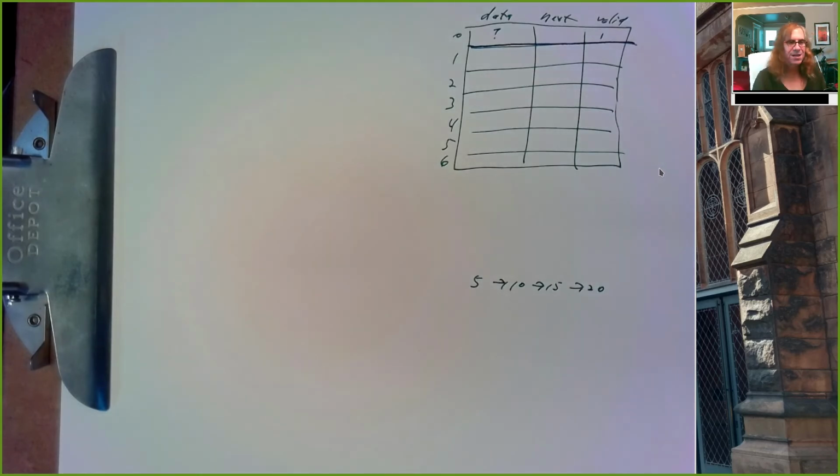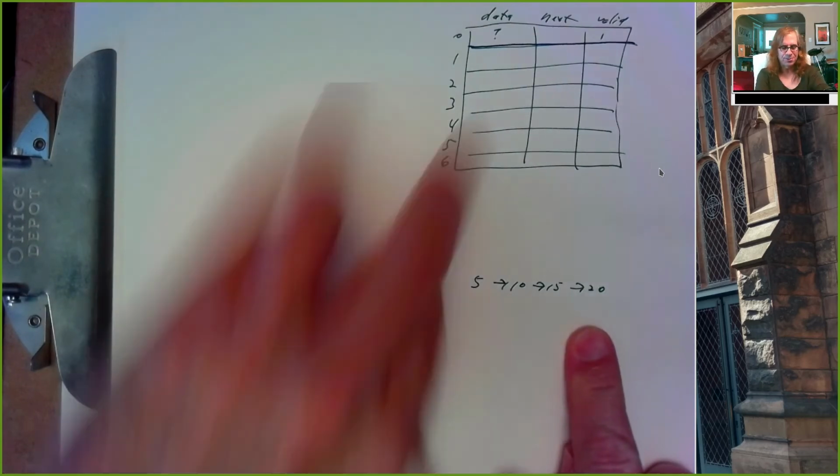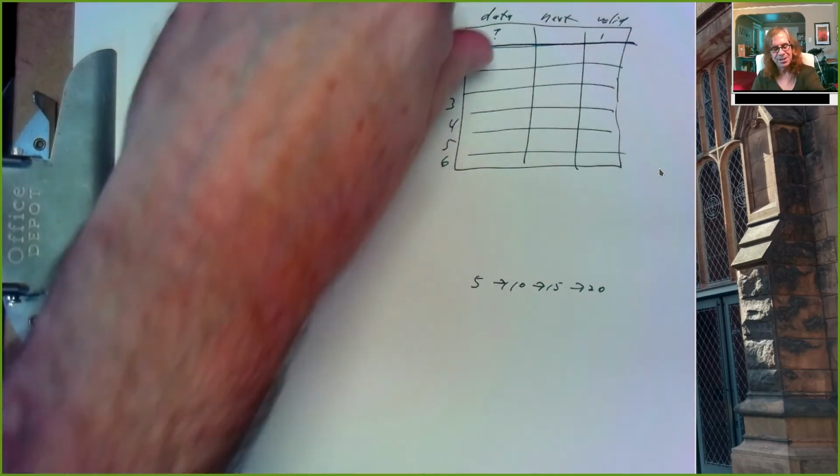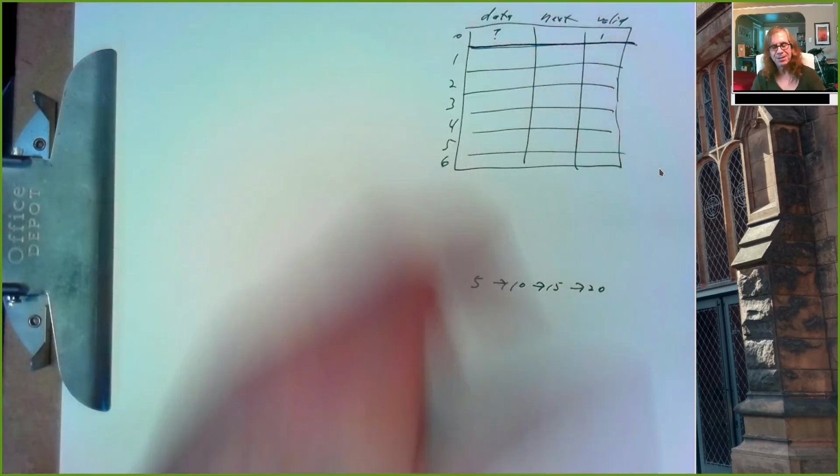But that doesn't always happen. As you insert and delete things from your list, the order of these things will get jumbled up in your array. That's okay. And to make sure I'm keeping myself honest when I write pseudocode, I'm going to start with something that's not just 5, 10, 15, 20, but I'm going to jumble this up.